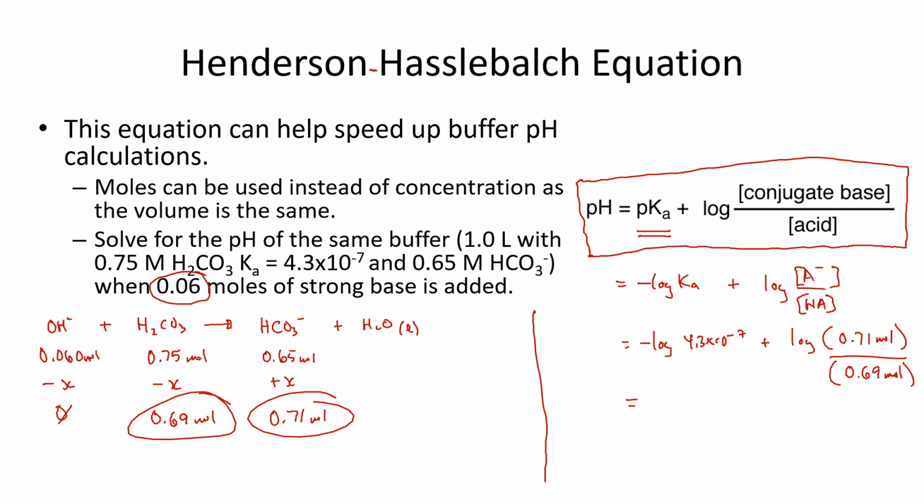Okay, so for the negative log of the Ka, we get 6.37. And for the log of this fraction here, we get 0.012. And then if you add those up, you get 6.38. And I guess with sig figs here, we pretty much end up with 6.4. So there you go, pH using the Henderson-Hasselbalch equation.